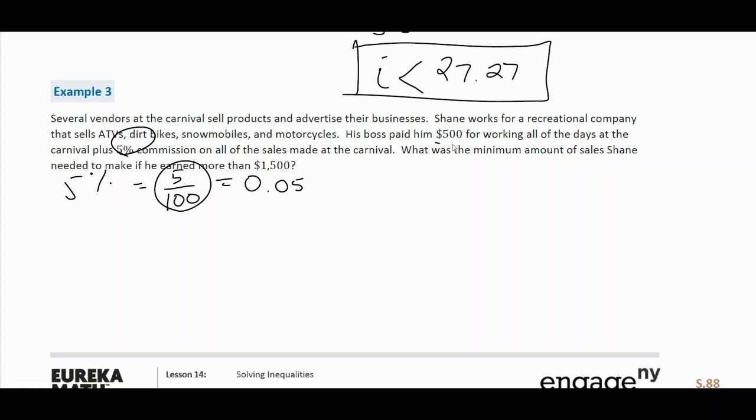All right, so the $500 is, of course, the constant. And our goal is to get $1,500 or more than $1,500 for Shane. Okay, we're going to clarify this. This 1,500 is for Shane to get that particular amount.